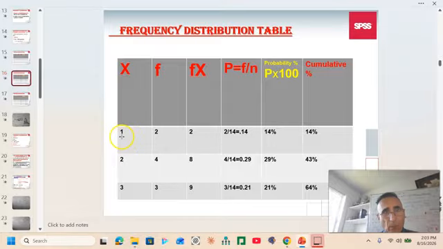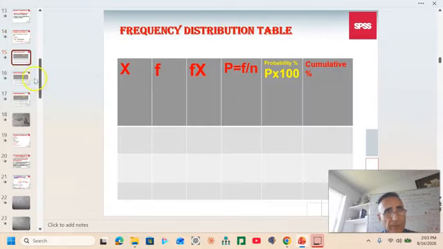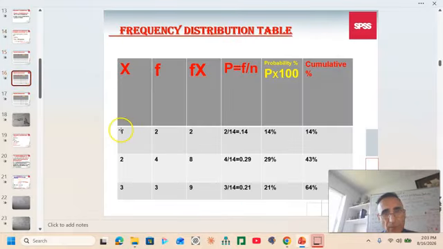So again, if you look at 1, let's say right here, we have 1, 2. It has a frequency of 2.